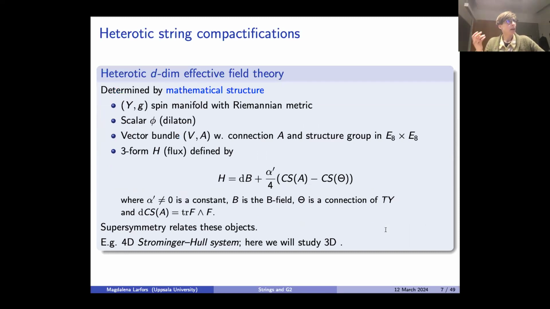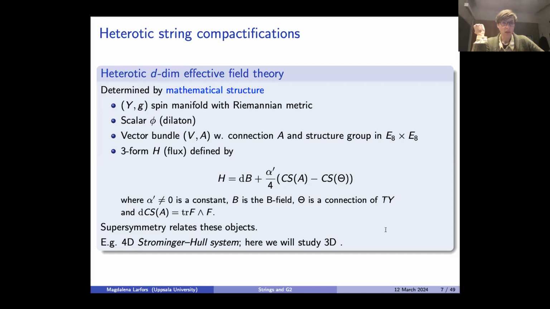So then the heterotic d-dimensional effective field theory that we get, so this low dimensional theory, will be determined by the mathematical structure that consists of this spin manifold, which has a Riemannian metric. So that's the compact geometry. Then we have fields, which come from the 10-dimensional supergravity that we start with. There's a scalar field called the dilaton. There are these gauge fields.